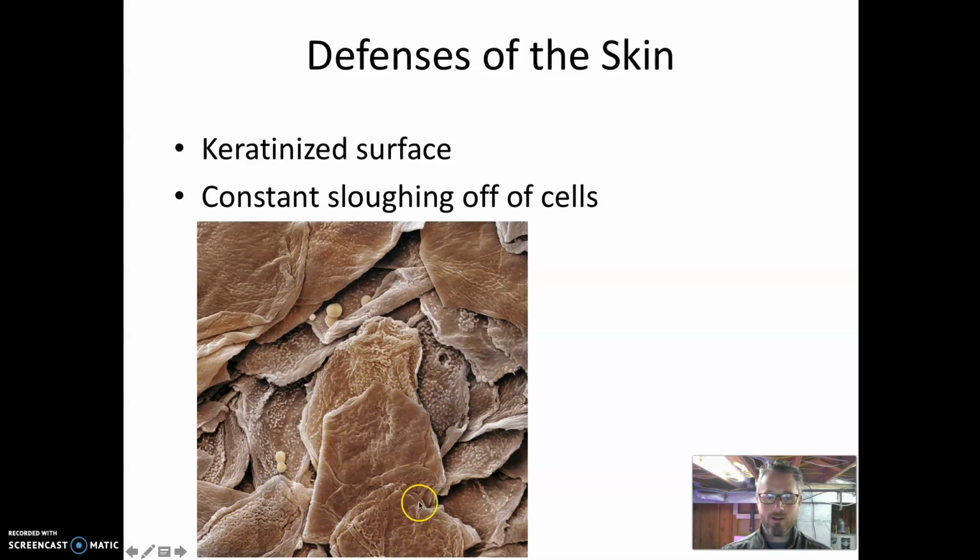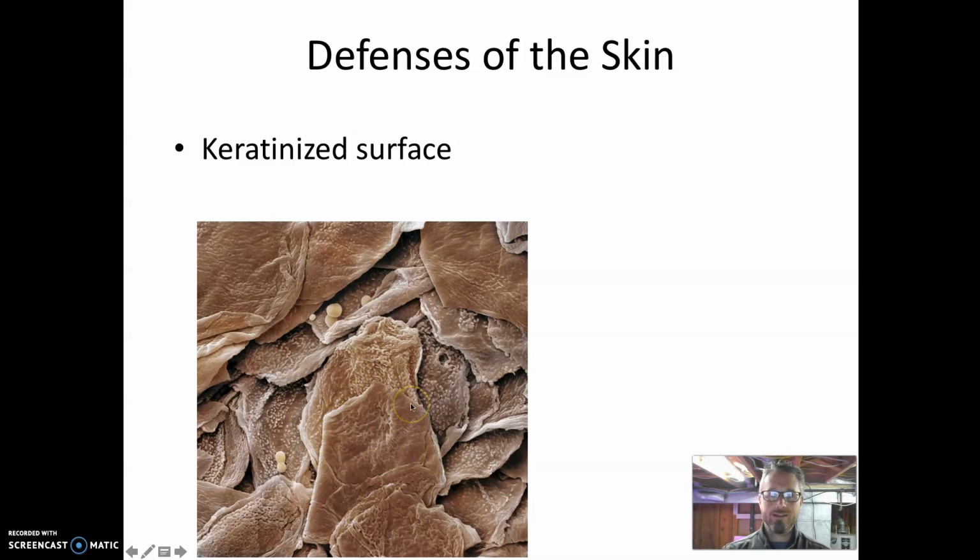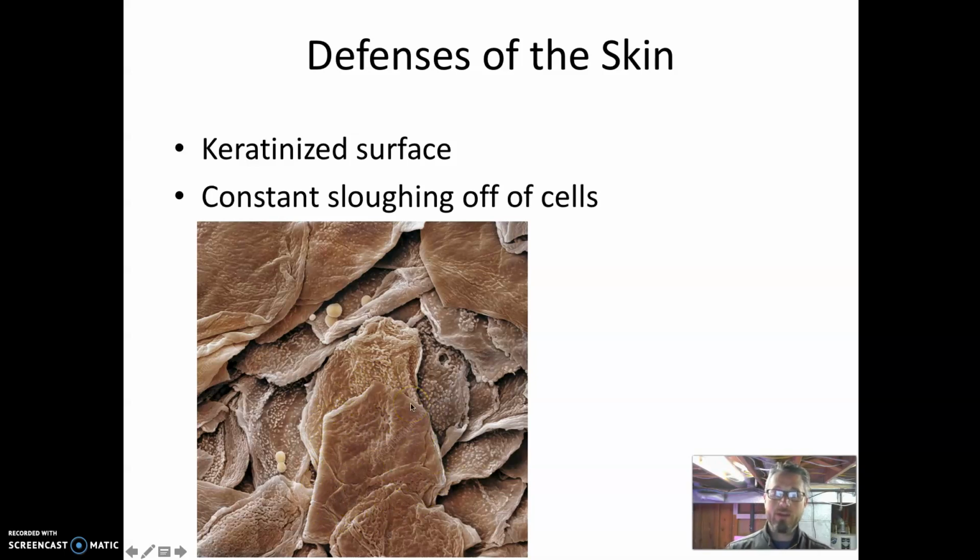And as these keratinized cells reach the outermost layer, at this point they're dead, and they only exist on this outermost layer for a day or so, before they essentially just fall off of the skin. And they'll be replaced by cells underneath that are constantly growing. So we've got these growing cells at the bottom of the epidermis, and as the cells move up through the epidermis, they reach the surface when they're dead, and they begin to fall off. And so that falling off is just referred to as sloughing off.